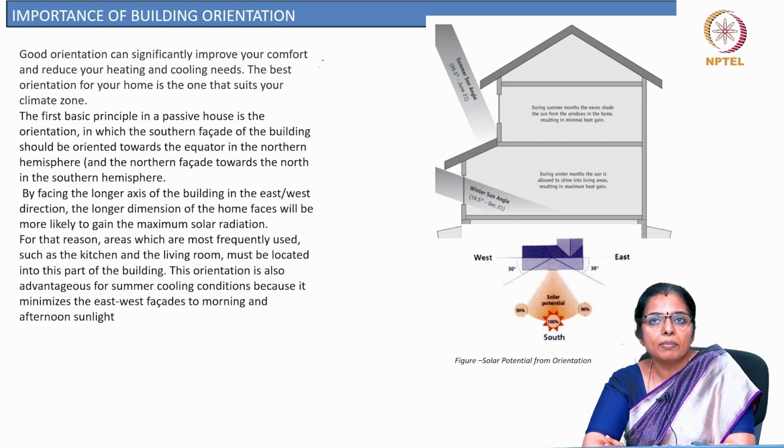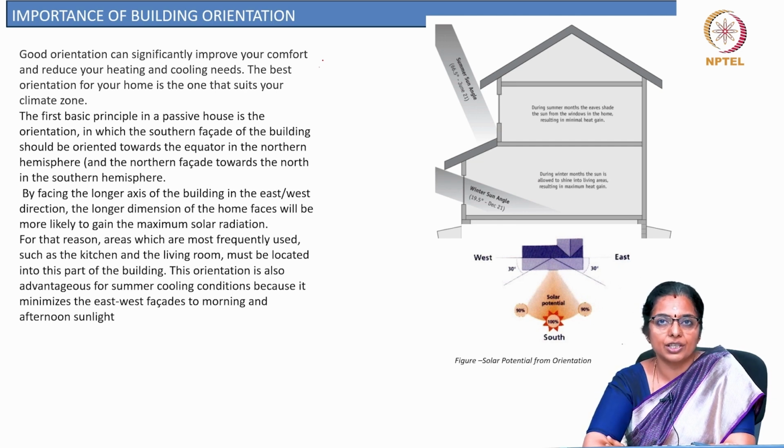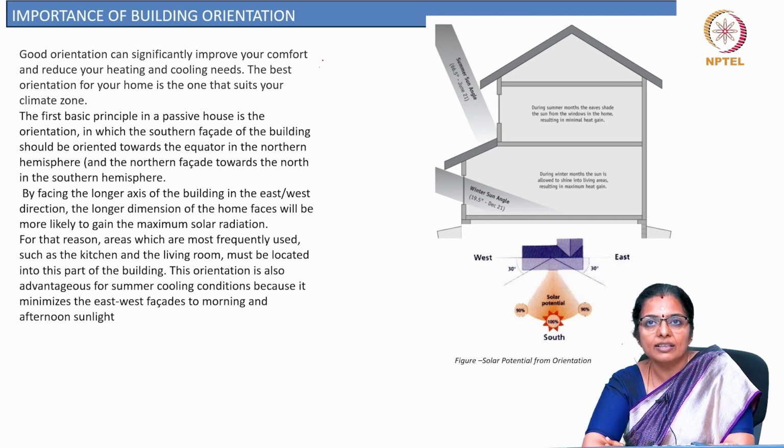The first basic principle in a passive house is the orientation, in which the southern facade of the building should be oriented towards the equator in the northern hemisphere and the northern facade towards the equator in the southern hemisphere.